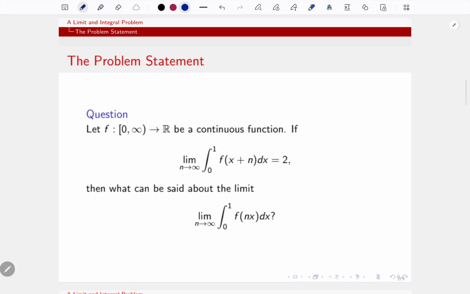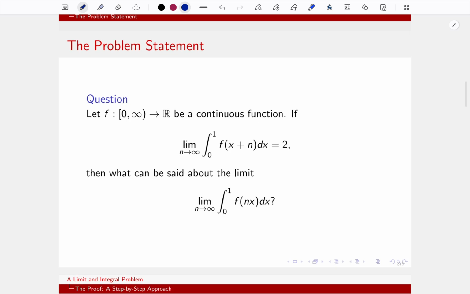So, in this question, what we are given is the following. This is a question from TIFR GS 2024. The question is as follows.